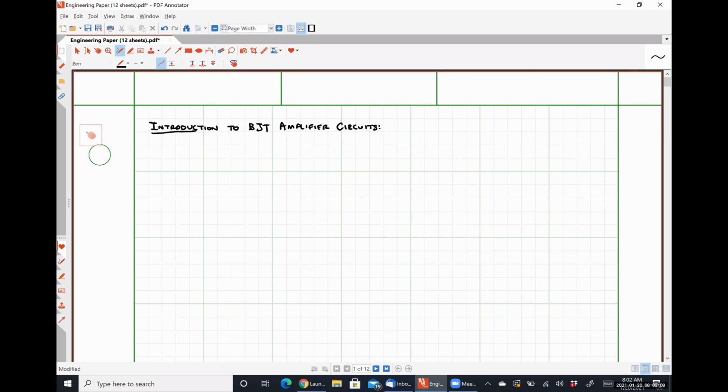All right, so those of you that took me for ELEN 223 may recall our basic fundamental definition of an amplifier.